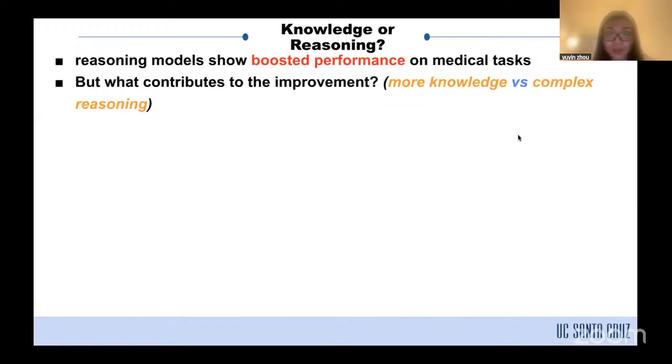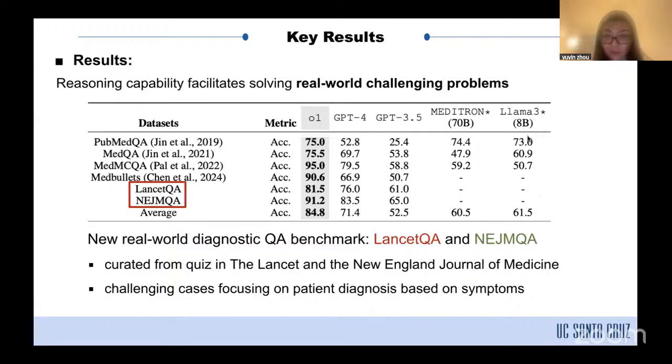However, in the meantime, we have also seen some limitations of these models. I didn't put them on the slides here, but for example, O1 still has a very large hallucination problem, and it does not show very strong results on the multilinguality test.